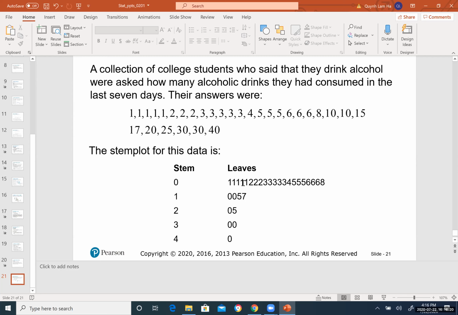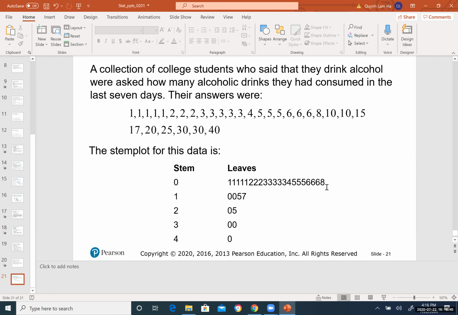Right here, the observed data is from 1 to 8, so you copy all of this data underneath, in order from low to high, no commas. If you put commas, then it will be an error.